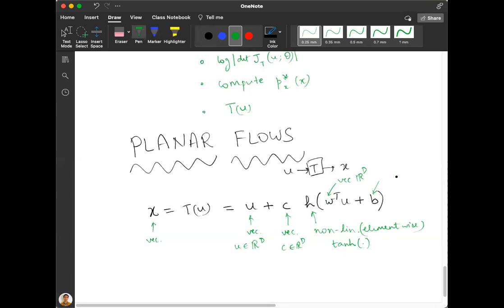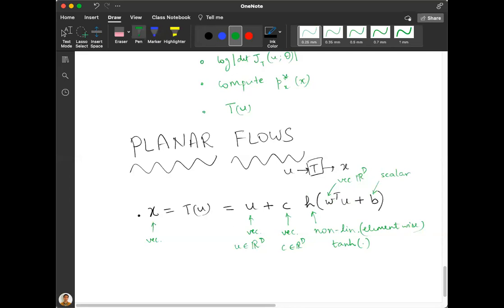Yes, R^1. B is a scalar, very good. This dot product will become a scalar, plus a scalar, and then H is a nonlinearity simply on a scalar. It need not be element-wise.